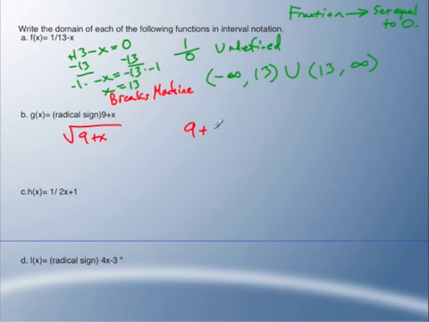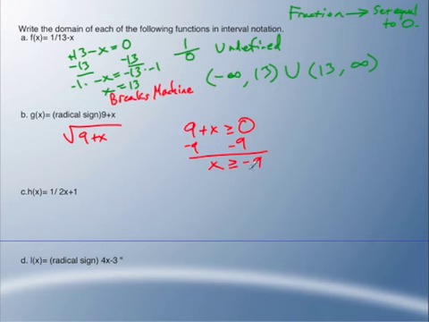So we have 9 plus x, and we want this to be greater than or equal to 0. Right? So here we're going to subtract 9, and this will give you x is greater than or equal to negative 9.